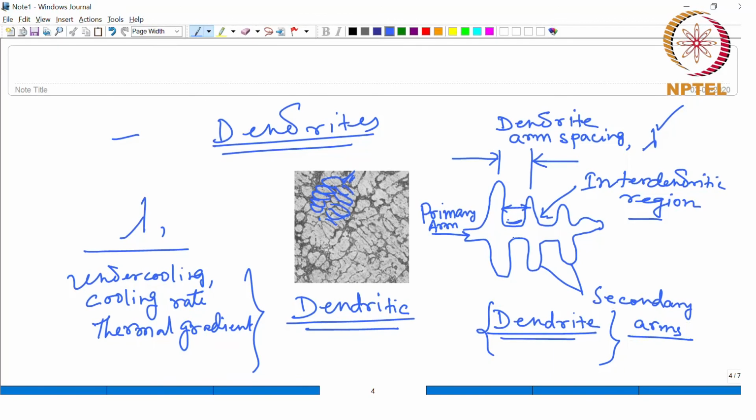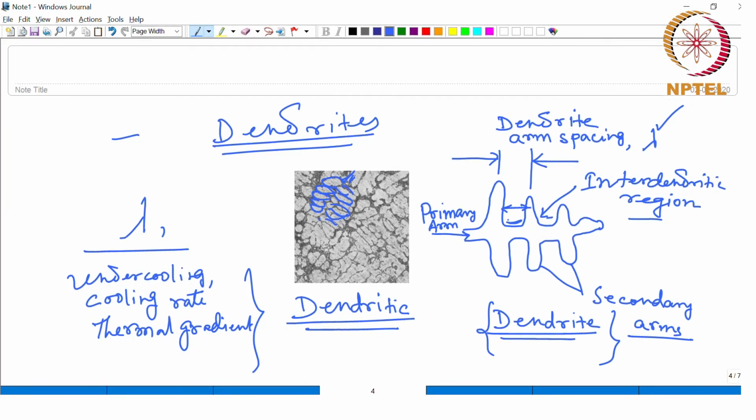So, if these regions themselves shrink, then you can also expect the segregation to reduce, and as a result, as you make the dendrites finer and finer, you can expect the microstructure to be more homogeneous, right.